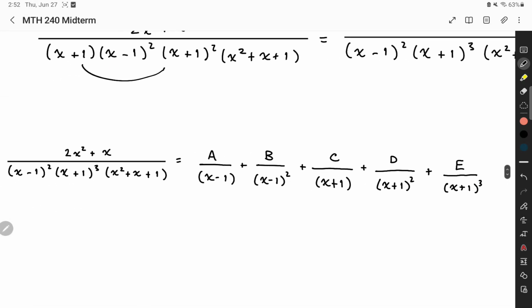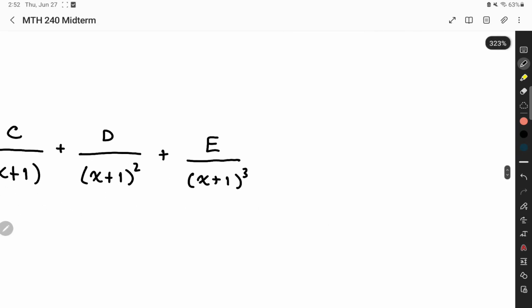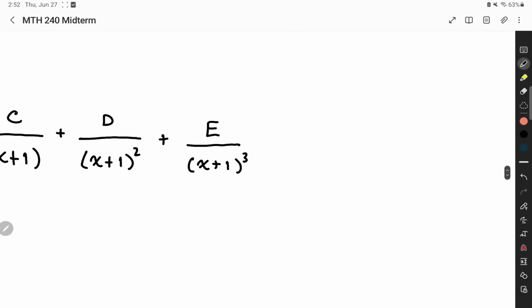Then we've now knocked both of these down. We're just left with this. And so we can write then plus A, B, C, D, E, F.